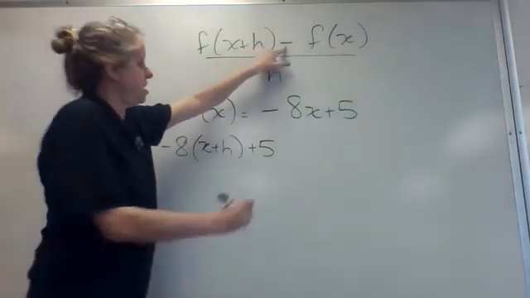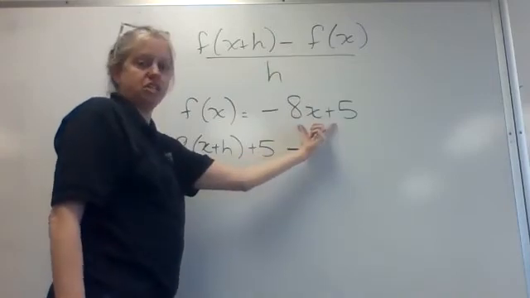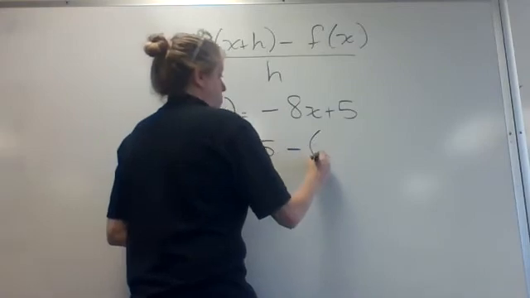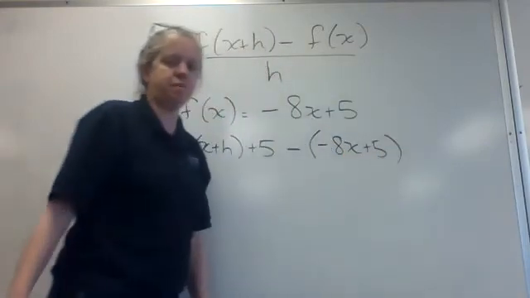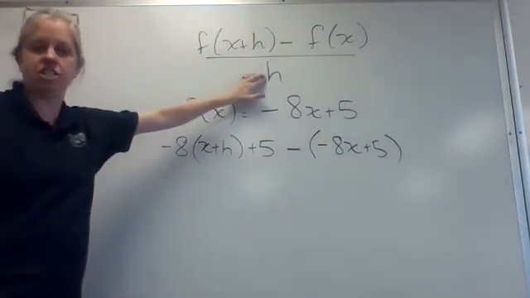The second thing is I'm going to subtract the actual function, and I need to put that in parentheses, right? So open parentheses, -8x plus 5. So we'll simplify this numerator, and then at the very end, we'll just put it over the h.